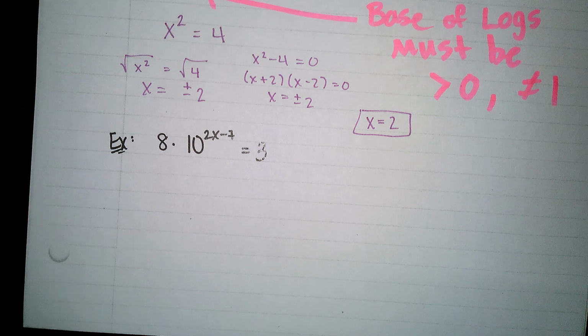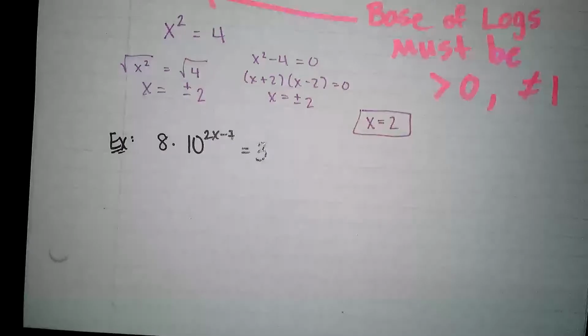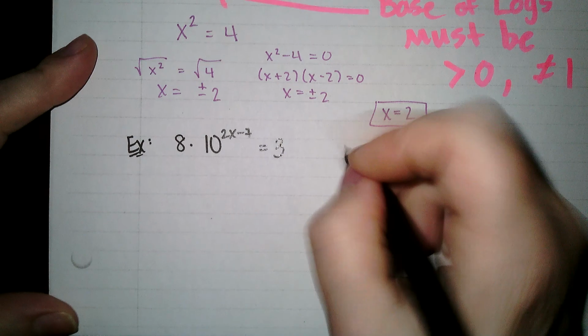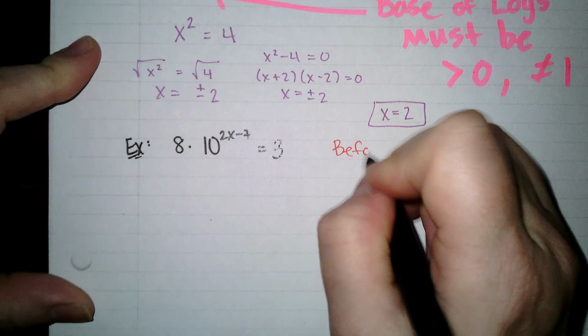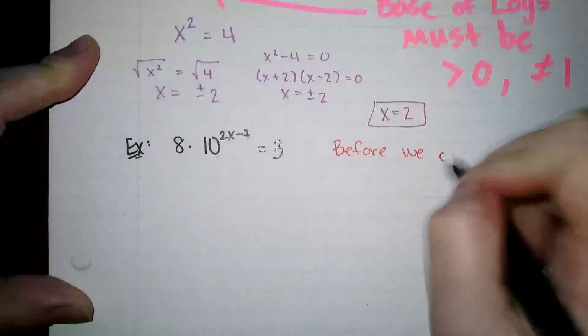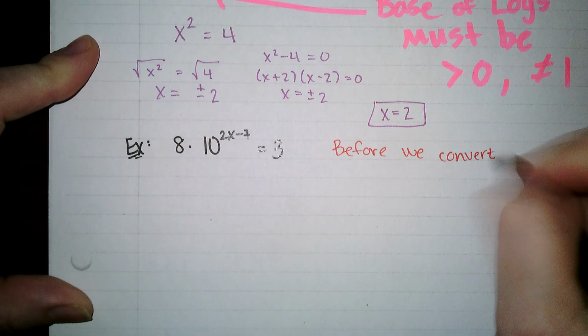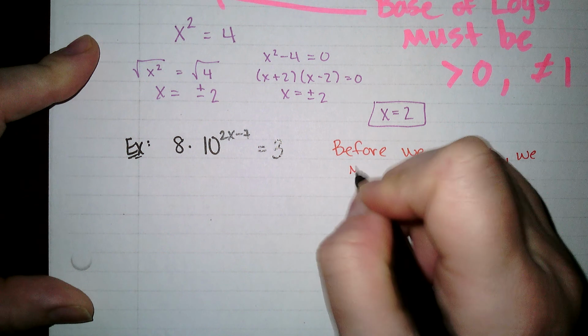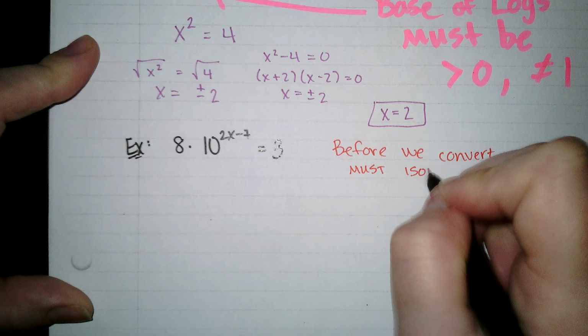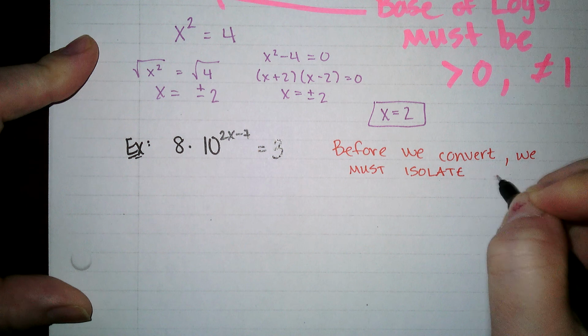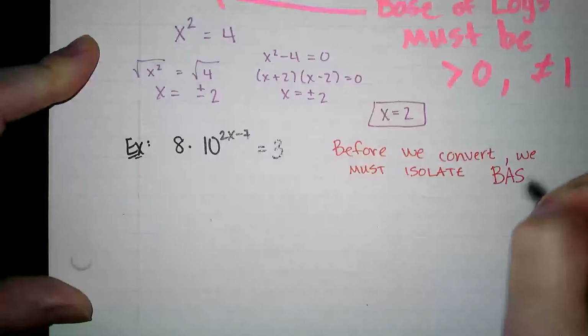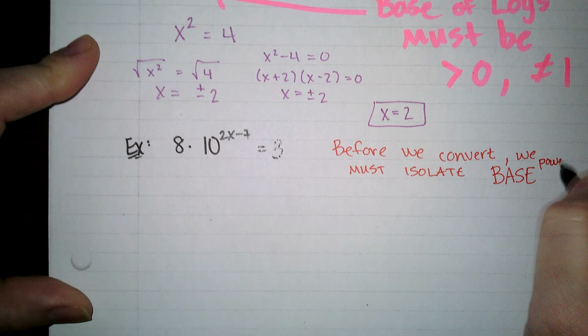This guy here, we are going to be converting from an exponential into a logarithm, but before we do, we are going to need to isolate the base to the power.